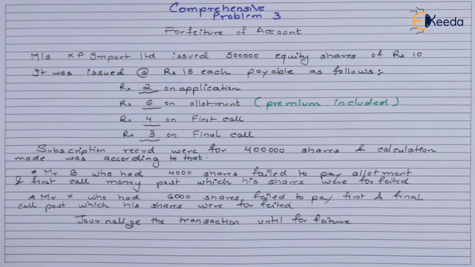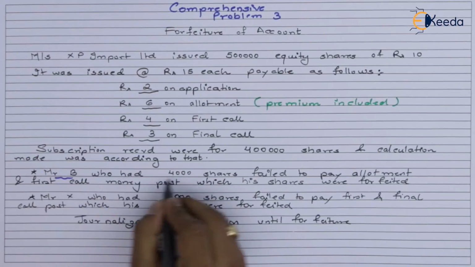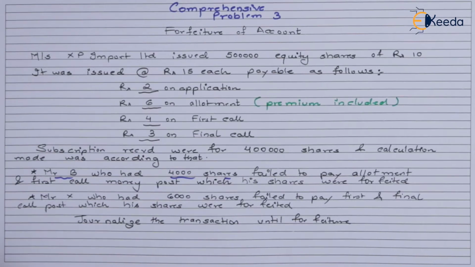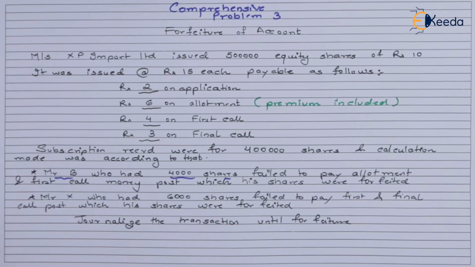Now, when we talk about forfeiture, we have two people here, Mr. B and Mr. X. Mr. B held around 4,000 shares, who failed to pay the allotment and first call money here, post which his shares were forfeited.